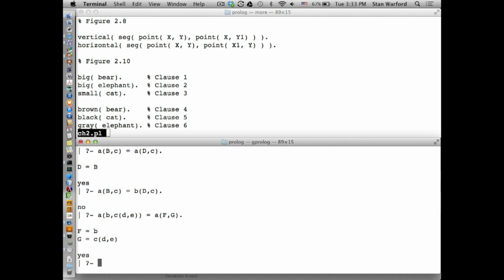Is everybody clear on this? Here, let's do a complicated one. Let's do, oh, this is going to be hard.